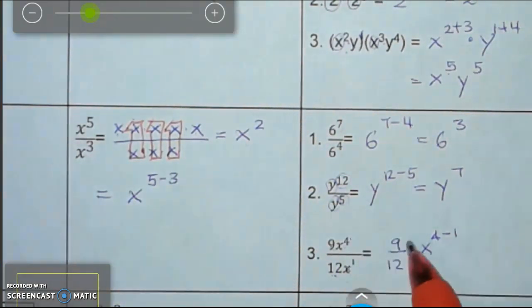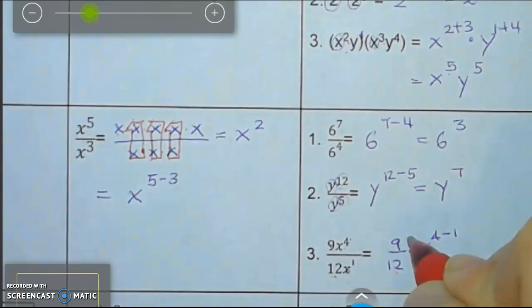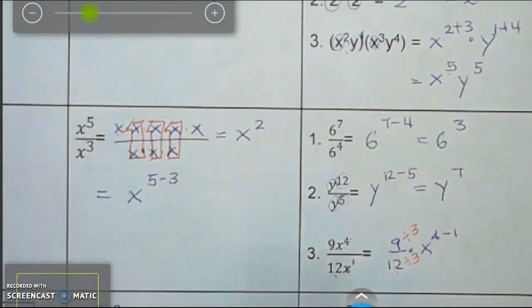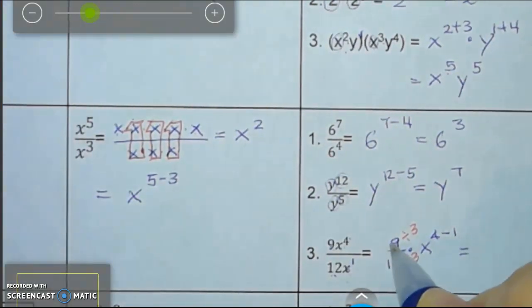And let's see if we can simplify this fraction, 9 over 12. Is there a common factor to both 9 and 12? Is there a number that is divisible by both 9 and 12? Yes, it's 3. So I can divide the numerator by 3 and the denominator by 3, which leaves me with the simplified version: 9 divided by 3 is 3, and 12 divided by 3 is 4.